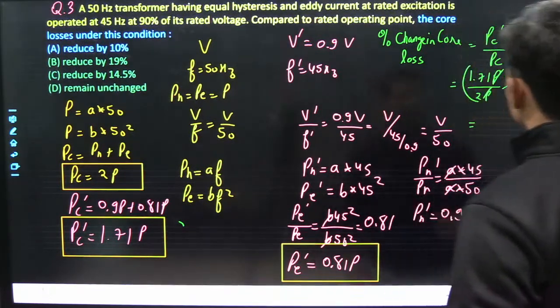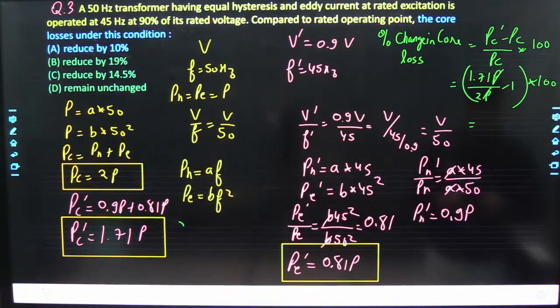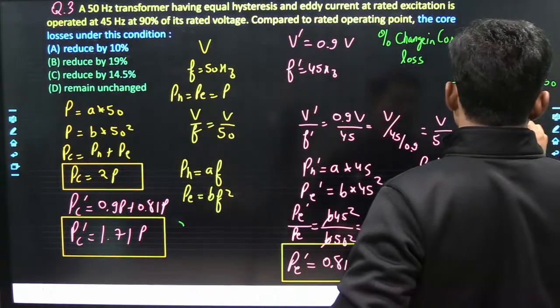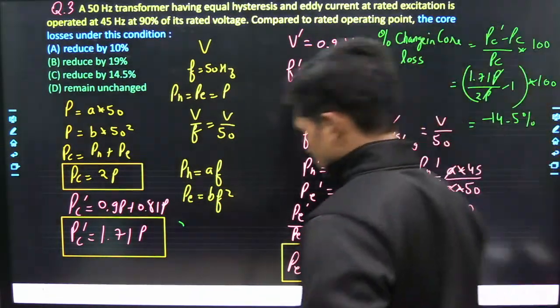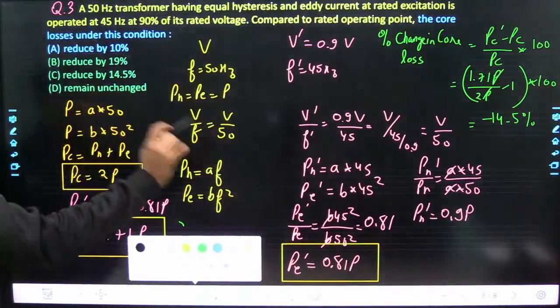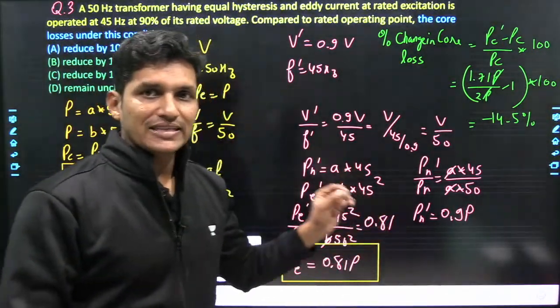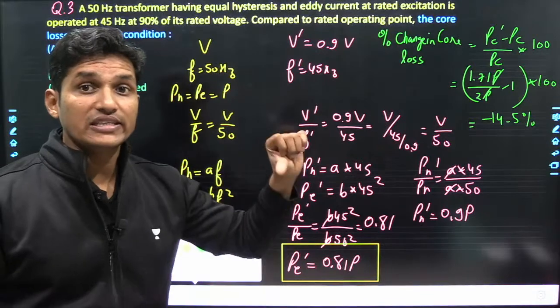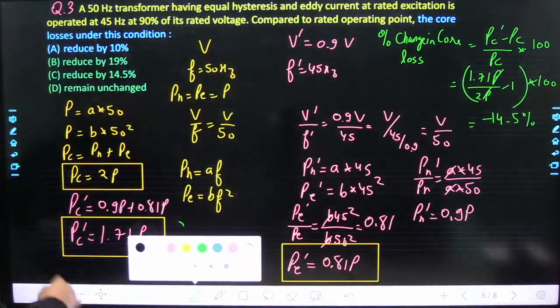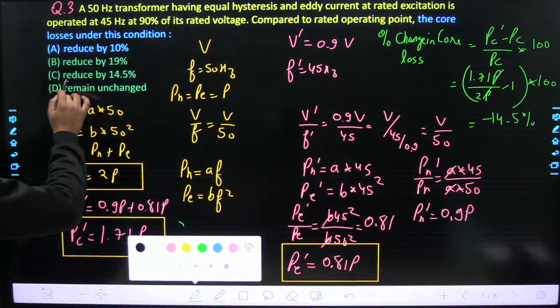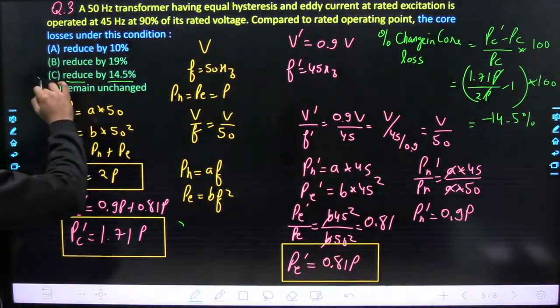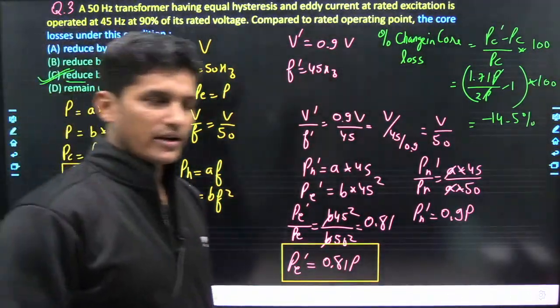Cancel out the P. It becomes 1.71 divided by 2 minus 1 into 100, that is minus 14.5%. So minus indicates that the core losses decrease, and in the options it is specified as reduced by 14.5%. So C is the correct answer.